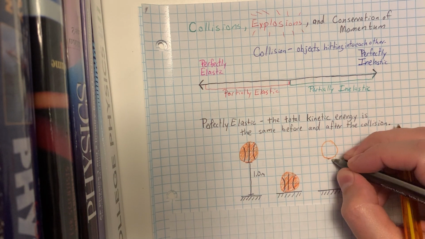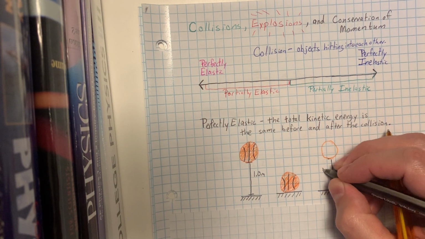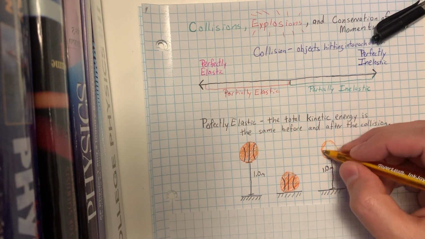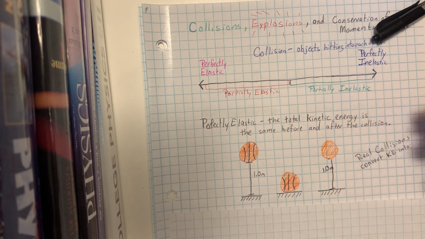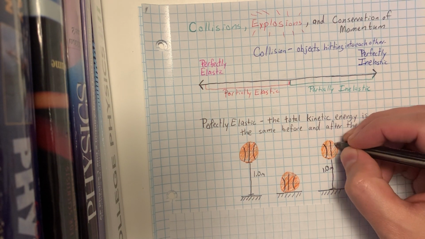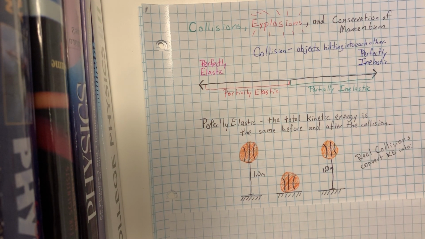But it would do this and it wouldn't transfer any of its energy into sound or heat or anything like that. You would just have this ball bouncing straight up and down at the same place silently forever. It'd be really, really weird.